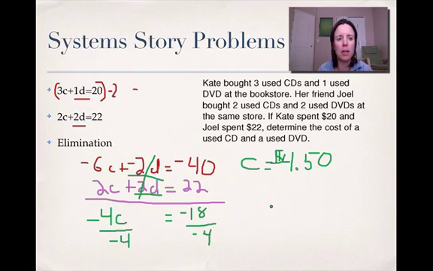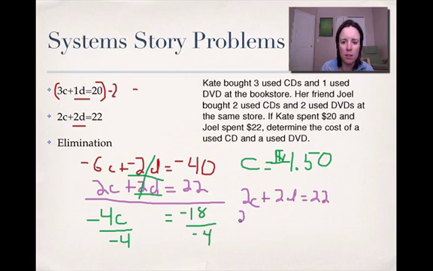We want to go ahead and plug in to one of our equations. Let's plug into the bottom one. So I've got 2C plus 2D equals 22. All right, so I've got 2 times 4.50 plus 2D equals 22.